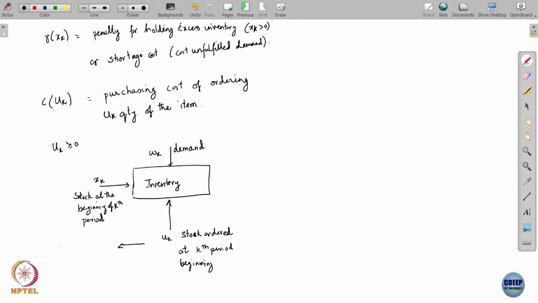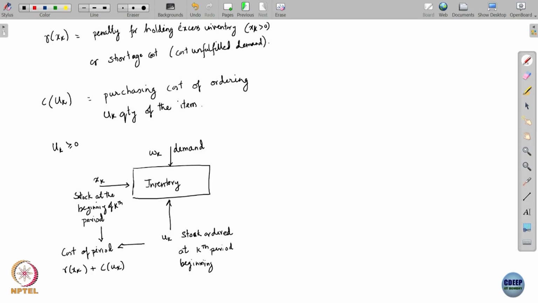Then you have the cost of period k, which for us is going to be r of x k plus c of u k.